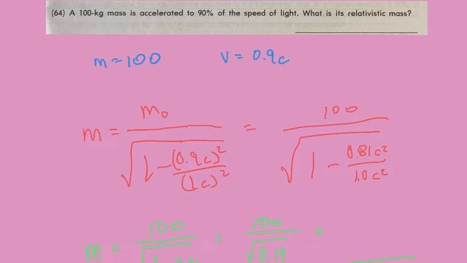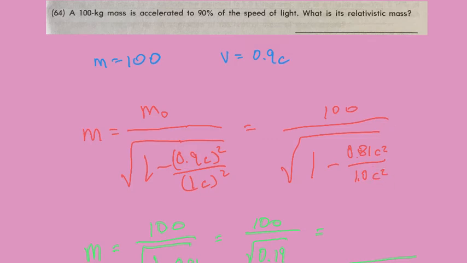So now we're going to substitute that into the equation where we had v squared over c squared. The v is the 0.9 c. When we square that, notice what happens. The 0.9 becomes 0.81, and then we have c squared. On the bottom, 1 squared is still 1, c squared is c squared.